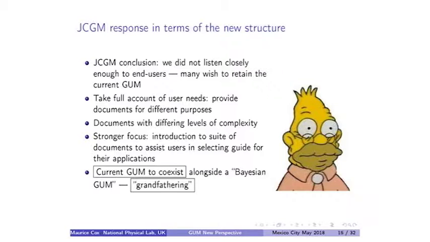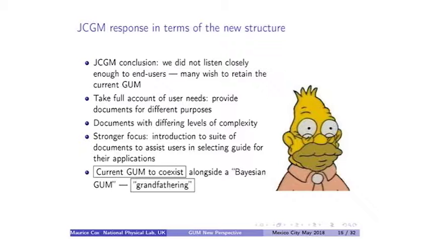We're going to have an introduction to a suite of documents to assist users in selecting the guide which is fit for their purposes. And the current GUM is going to coexist alongside a Bayesian GUM. And so current users who think frequentistly can use the current GUM and say their results accord with the current GUM.